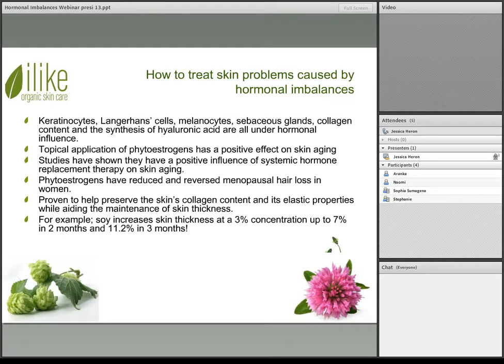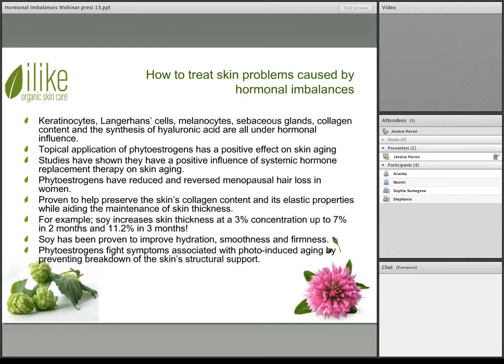This is huge. So regular application of a topical phytoestrogen will furthermore have a positive effect on increasing skin thickness and its tightening, firming, and elasticity. Soy has been proven to improve hydration, smoothness, and also firmness.